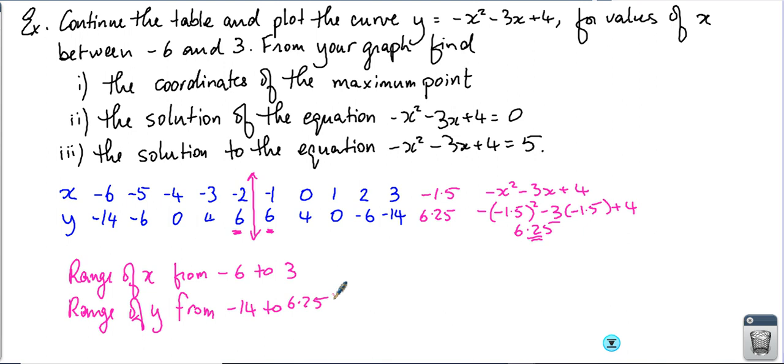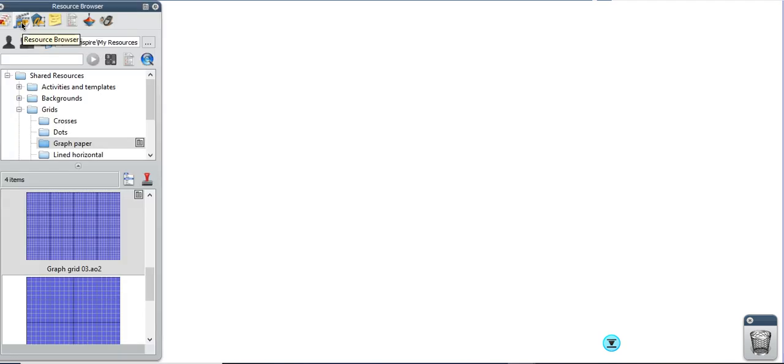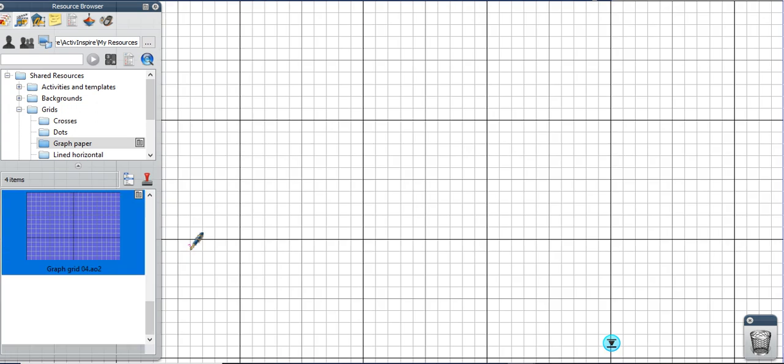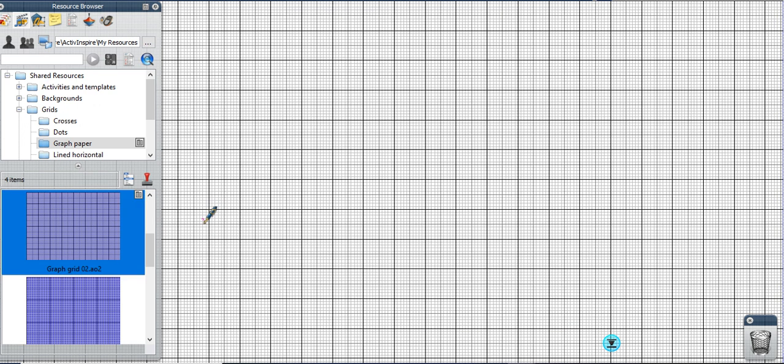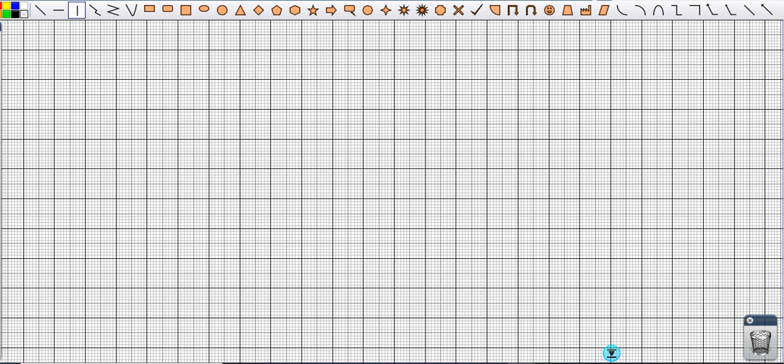Okay, so let's draw the graph now. So I have from minus 6 to 3 and from minus 14 to 6.25.